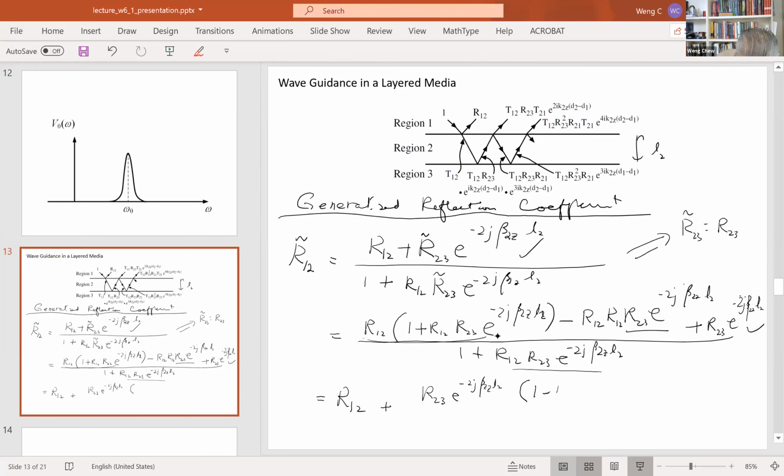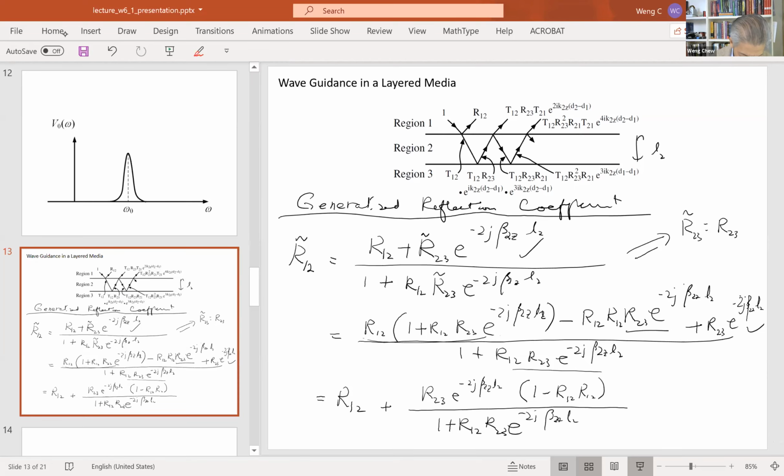And then what I have is R12 over 1 plus R12 R23 e to the minus 2j beta 2z L2. And you recall that the Fresnel reflection coefficients are given this way.